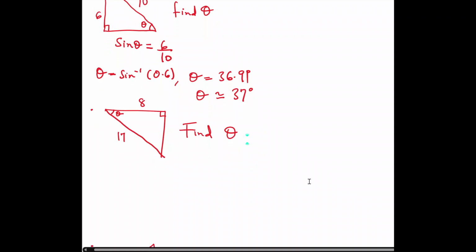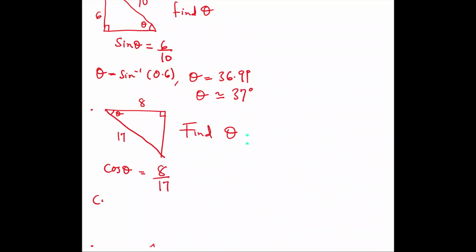Okay, so in the next one we have two sides given. We are given the hypotenuse and we are given the adjacent. So in this case we are going to find cos theta. Okay, so we're going to find theta. So cos theta is equal to the adjacent is 8, the hypotenuse is 17. So 8 divided by 17 will give us 0.4706.